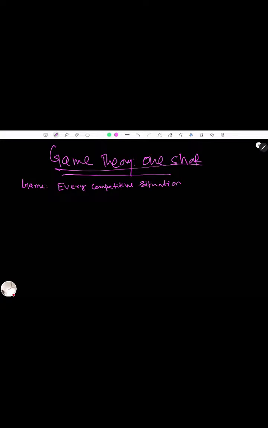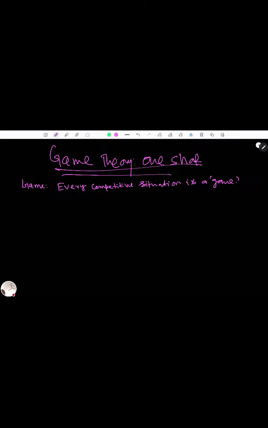Okay, so let us now start with the game theory. Coming to the game theory, every competitive situation is a game, right? Maybe the election campaigning, it is also a game. The advertisement in the business sector is also a game.